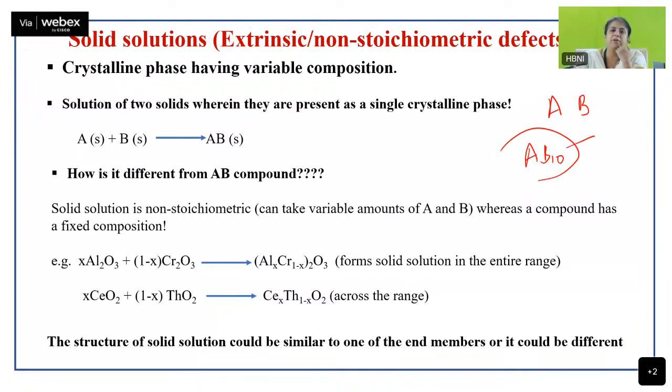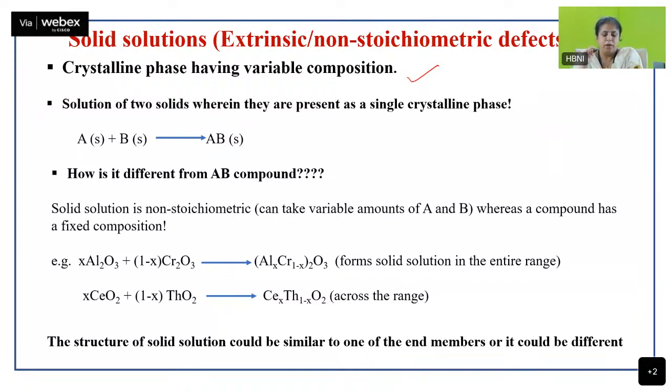But a compound does not have a lot of tolerance for maintaining the same crystal structure even after varying the composition. So in a nutshell, a solid solution is a crystalline phase having variable composition.